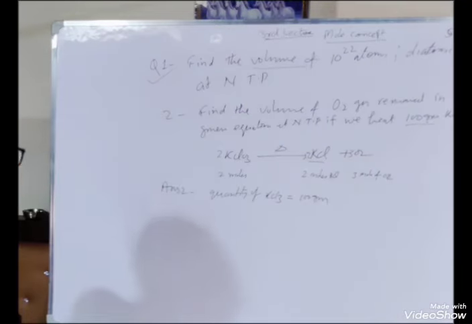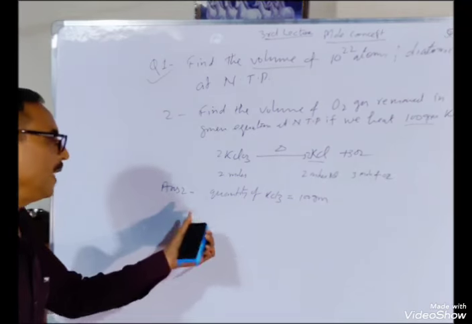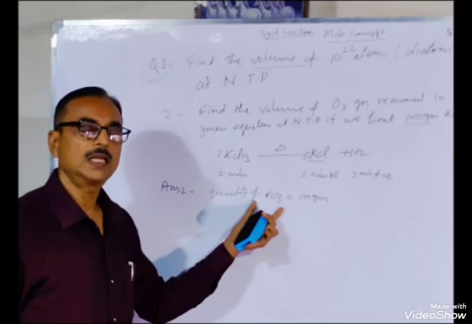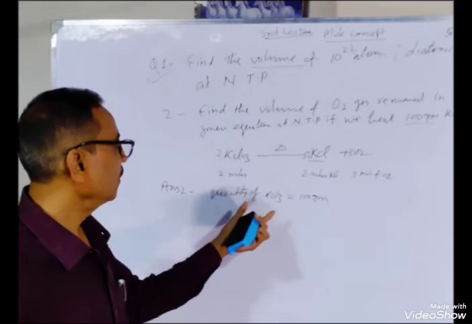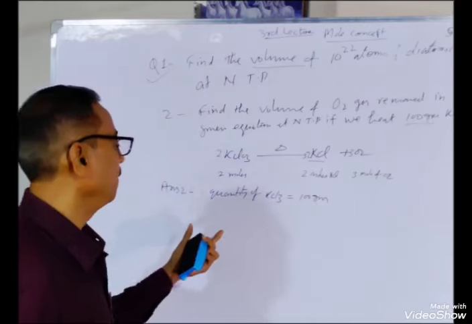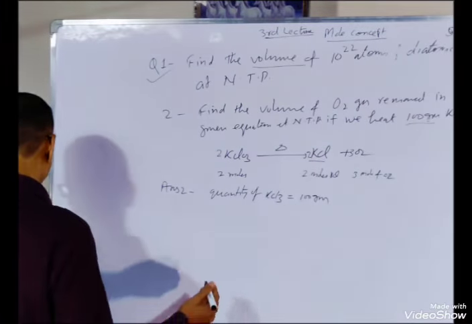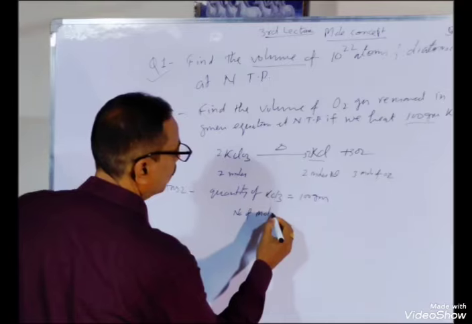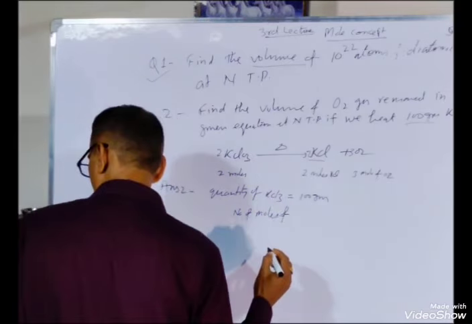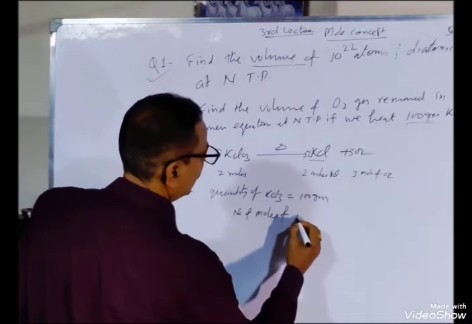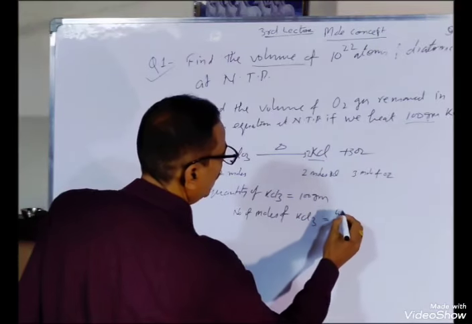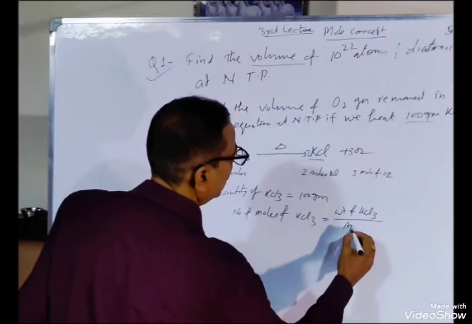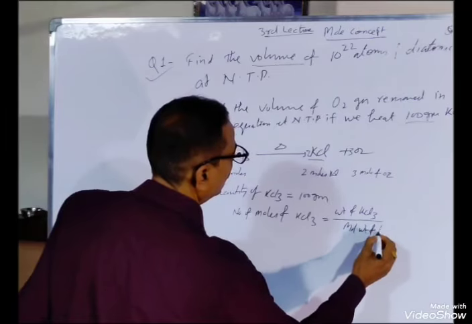100 gram. Now we divide this weight by the molecular weight of KClO3, and you will get the number of moles. So number of moles of KClO3 equals weight of KClO3 divided by molecular weight of KClO3.